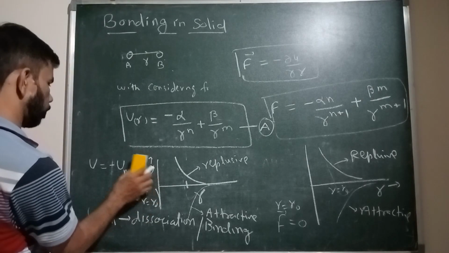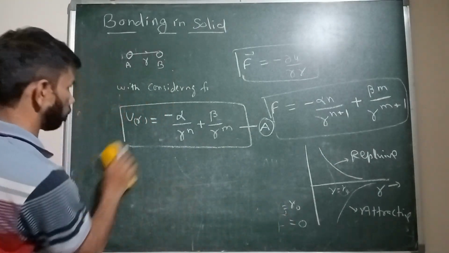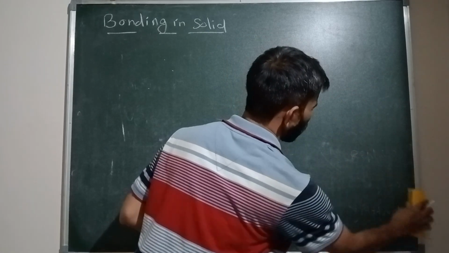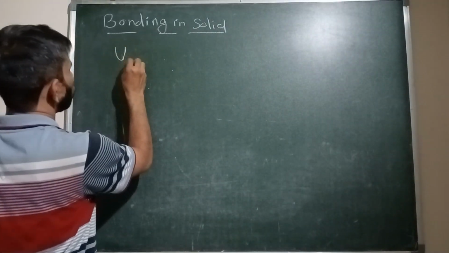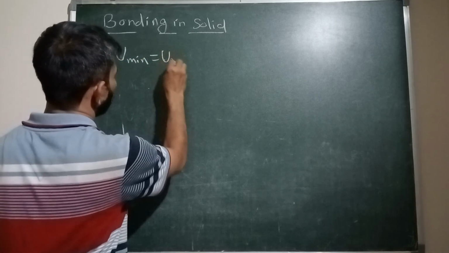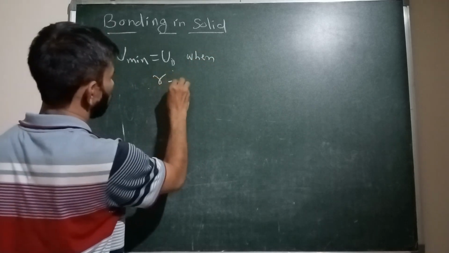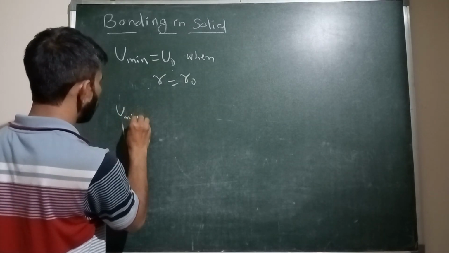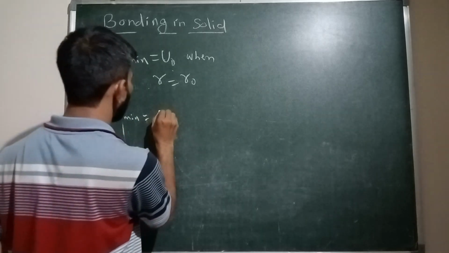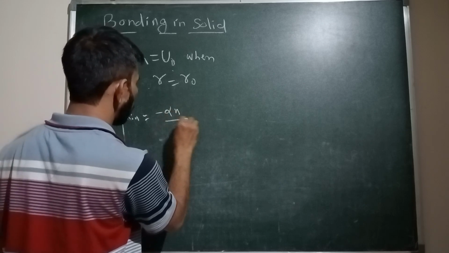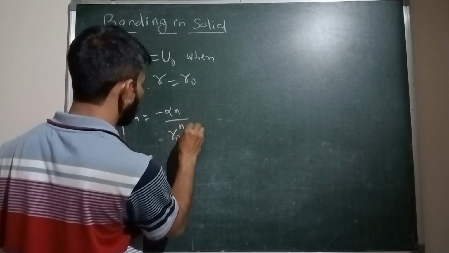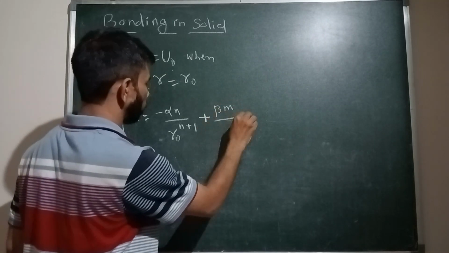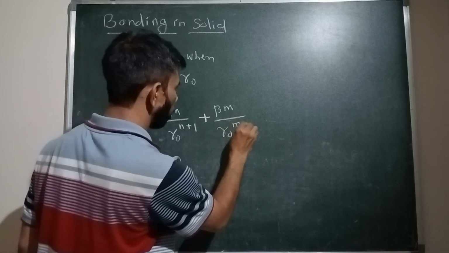Now we have seen the minimum potential energy U minimum or U naught when R equals R naught. So U minimum is minus alpha upon R naught raised to power n plus 1, plus beta upon R naught raised to power m plus 1.